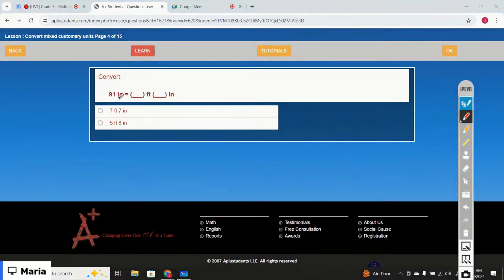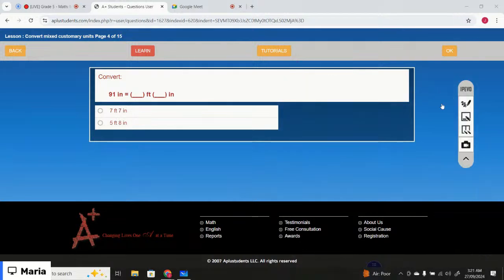You have to divide it by 12, right? 12 times 7 is 84. So you have 7, and 7 left over. That means you have 7 feet 7 inches. Option number 1 is the correct option, right? The correct option is 7 feet 7 inches.